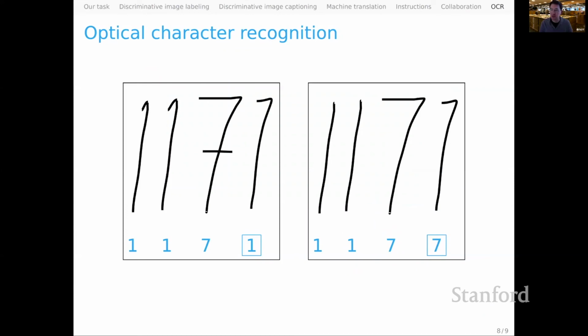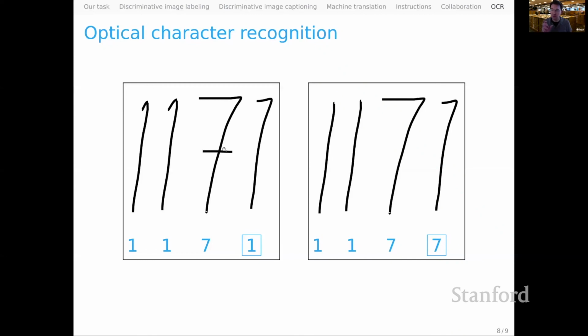And I'd like to push this idea of informativity in context even further by connecting with one of the classic tasks in machine learning, which is optical character recognition. Even this task, I believe, can benefit from notions of contrast and informativity in context. On the left, I have 4 digits, and you can see that this is a speaker who puts little hooks at the top of their ones and slashes through their sevens.